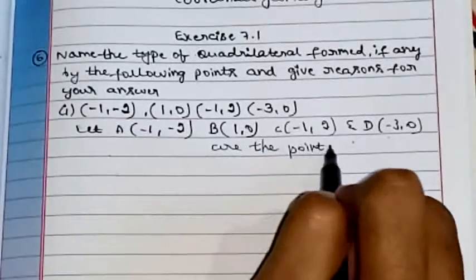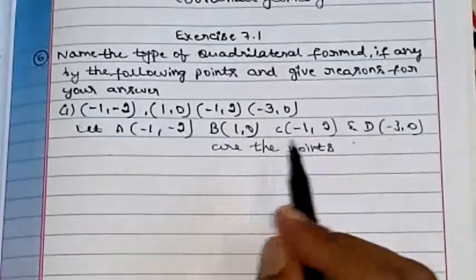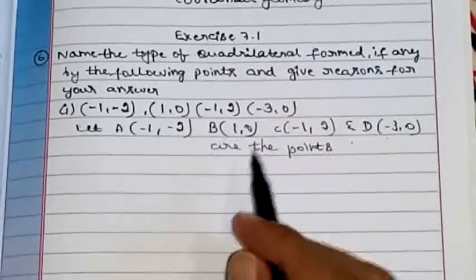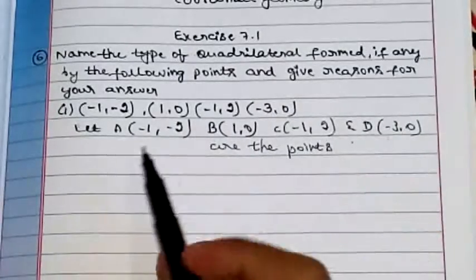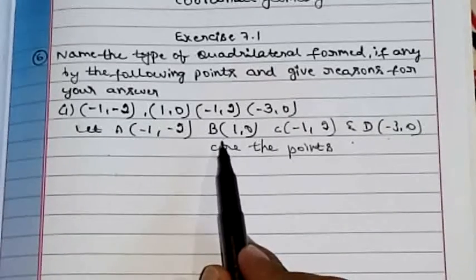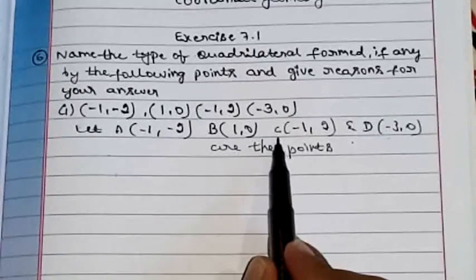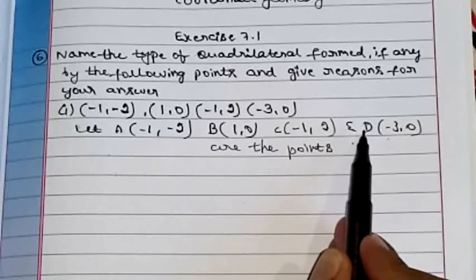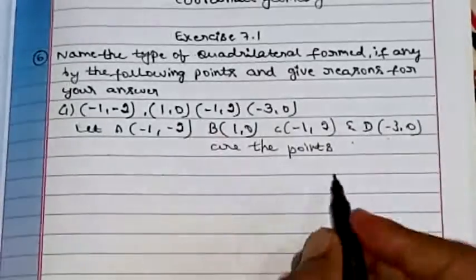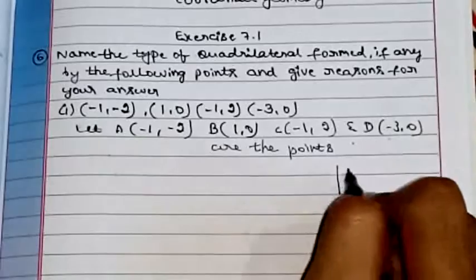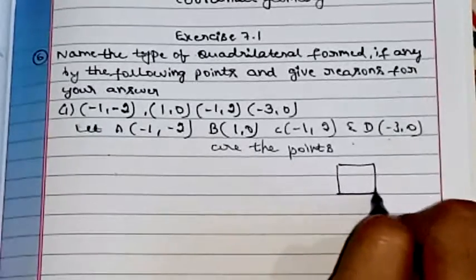As usual, the same steps from the fifth problem you need to use. You need to find the distance between AB, the distance between BC, afterwards the distance between CD, and afterwards the distance between DA. For example, I'm just writing the figure.